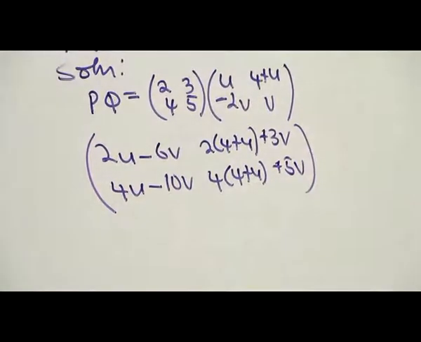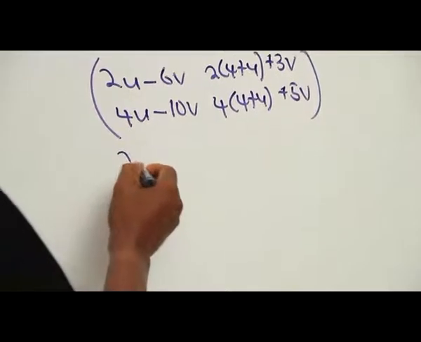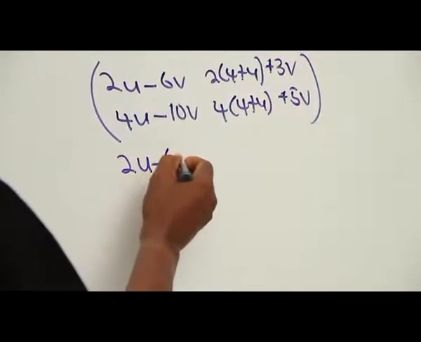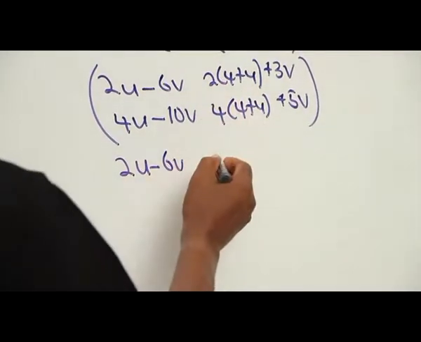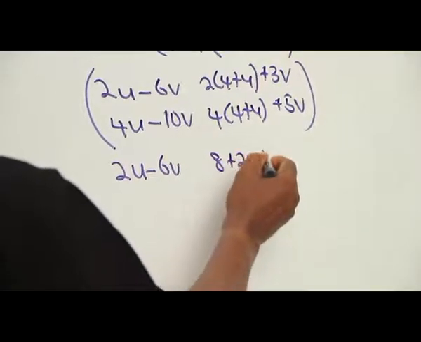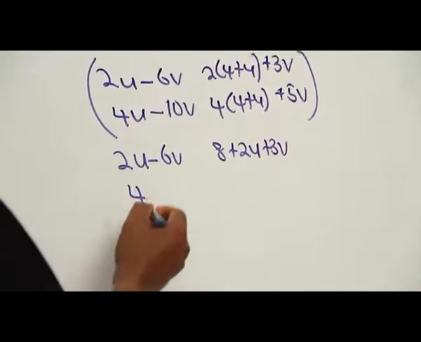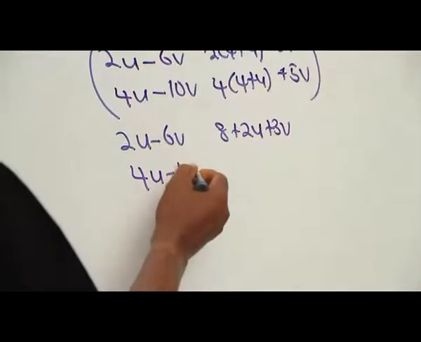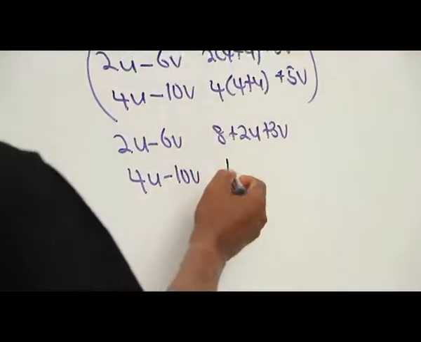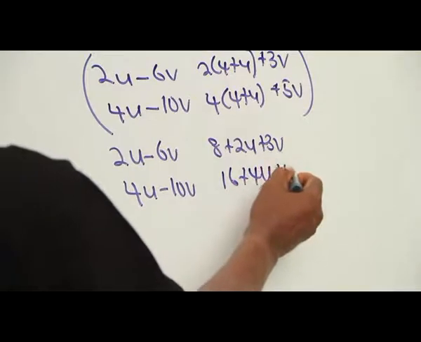Now, simplifying this matrix, you will have 2U minus 6V. You have here 8 plus 2U plus 3V. This will give you 4U minus 10V. That will give you 16 plus 4U plus 5V.